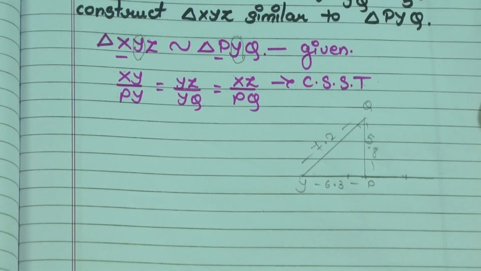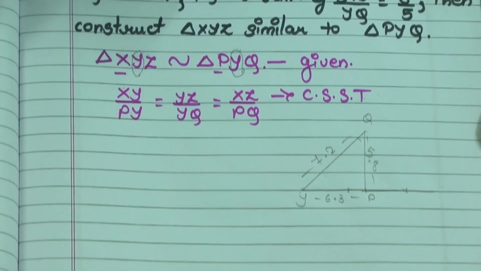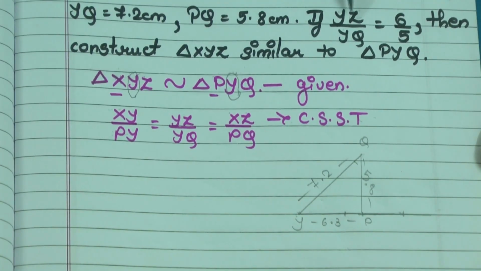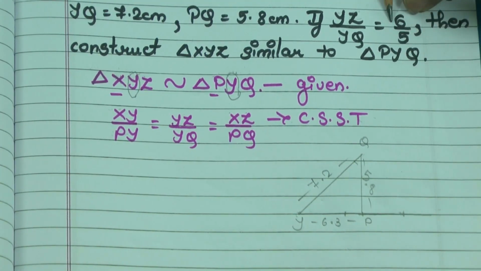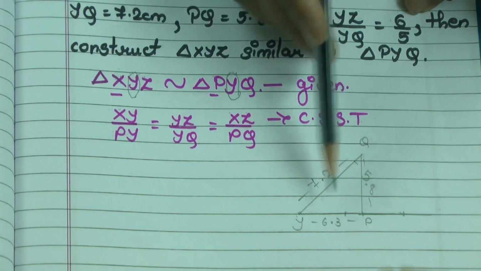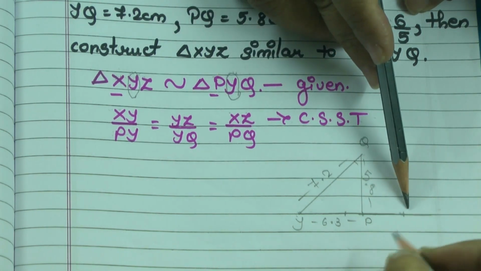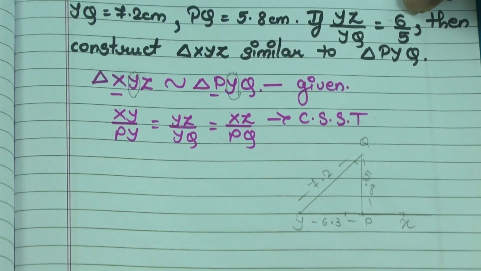But YZ is the line of XYZ which contributes 6 parts of the ratio. That means our XYZ triangle is a bigger triangle, and X will come outside.